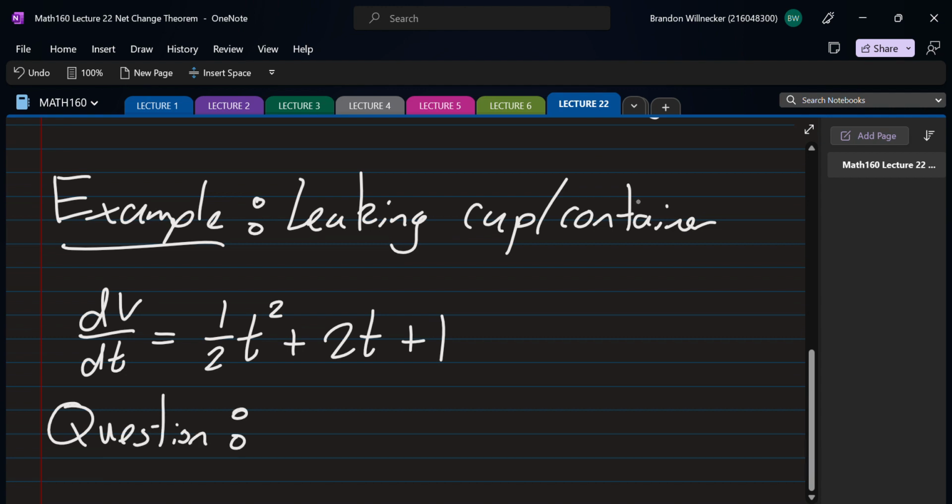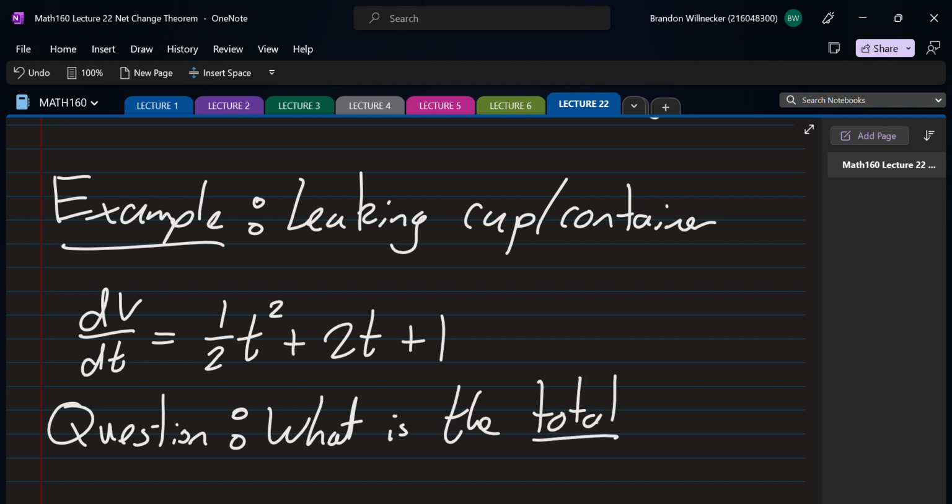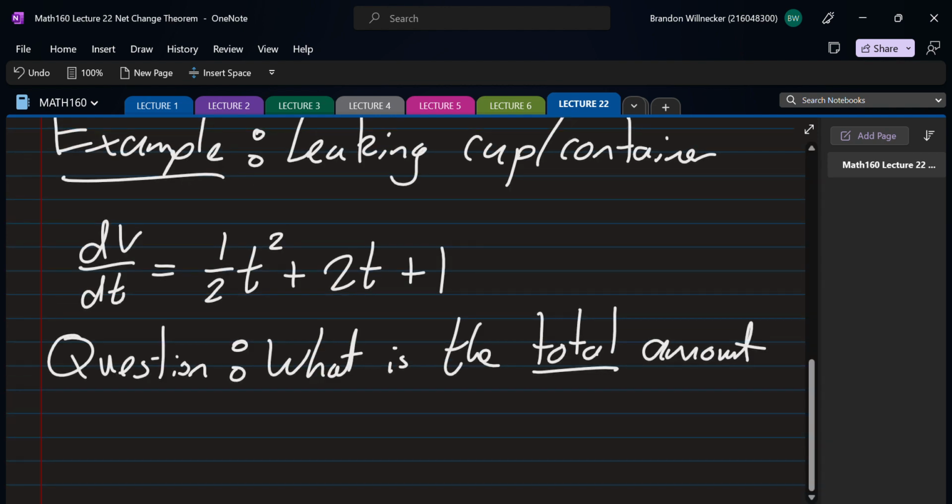So question, what is the total amount of water lost? Okay. So we can think of this dV by dt as an infinitesimal amount of water that is lost at every instant.